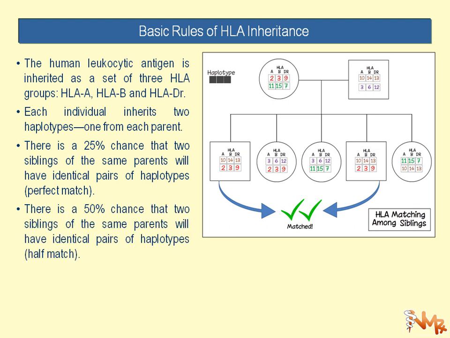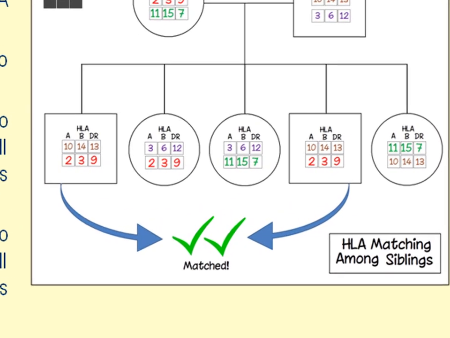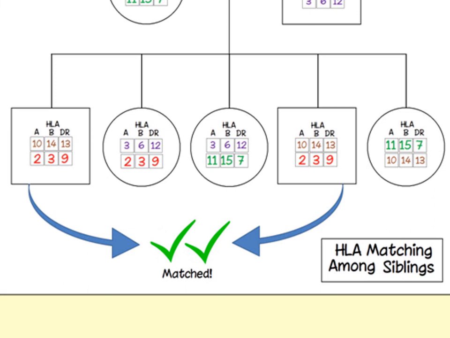There is a 50% chance that 2 siblings of the same parents will share one identical haplotype. These are half matches. For instance, this boy is half matched with his sister right in here, and the haplotype that is matching essentially is this haplotype, 10, 14, 13.